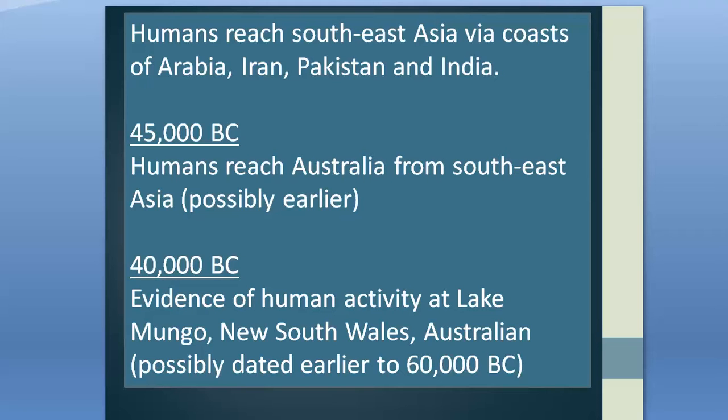Mungo Man was discovered on 26th February 1974 by Dr. Jim Bowler, covered in red ochre in what was deemed to be the earliest incidence of such practice by Homo sapiens. On the other hand, Mungo Lady, which was also discovered by Dr. Bowler 5 years earlier in 1969, was found to be partially cremated, with the rest of the bones being crushed. Therefore, she is the earliest Homo sapiens to be cremated anywhere in the world.